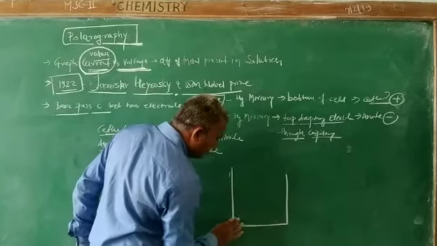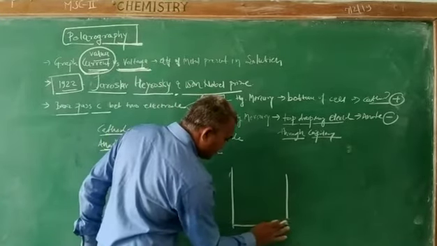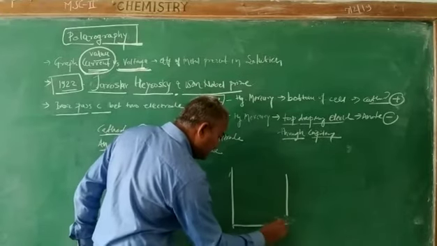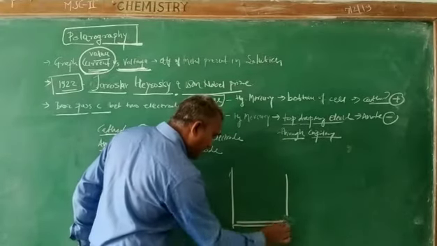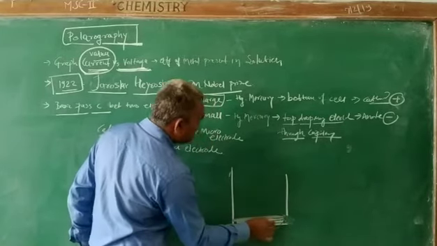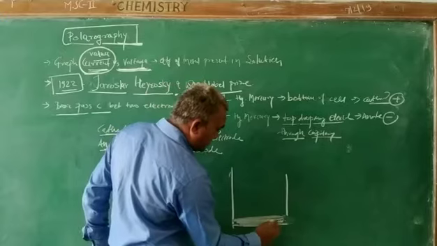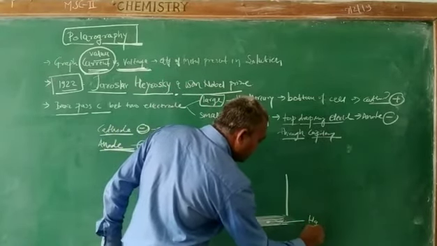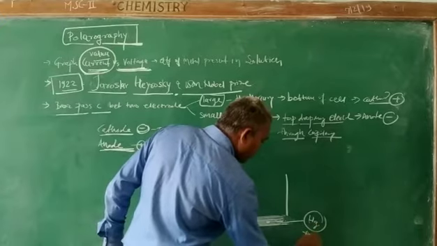So this is the bottom of the cell. Within the cell, the anode is present at the bottom of the cell, and it consists of Hg, mercury, the positive terminal.